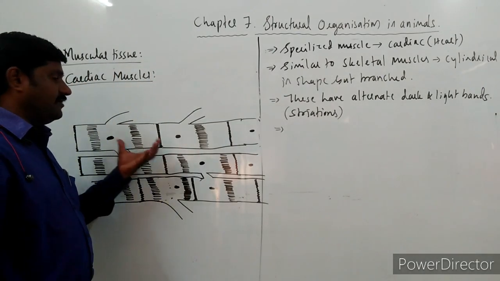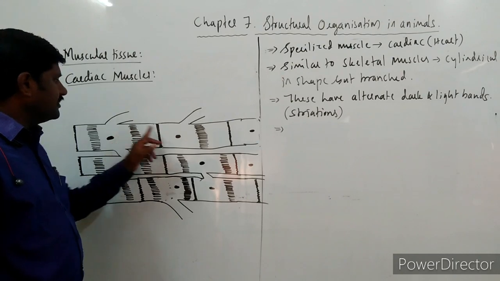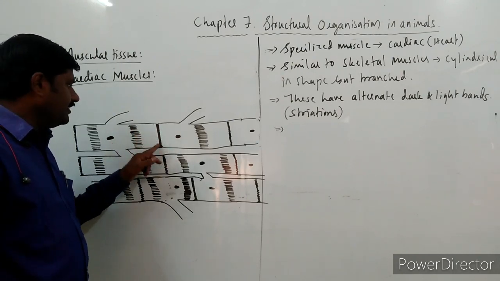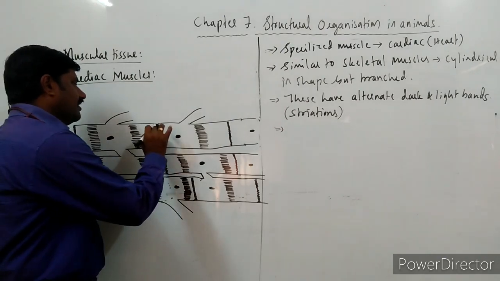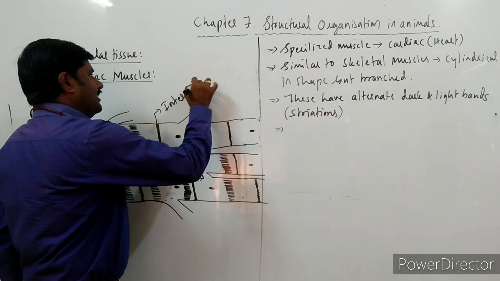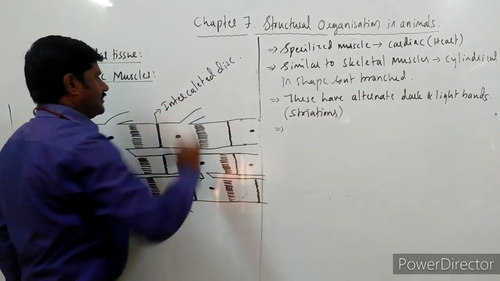And these muscle fibers, a very important point to be noted over here. Whenever two muscle fibers are joined, they are joined with the help of a joint called the intercalated disc, right?